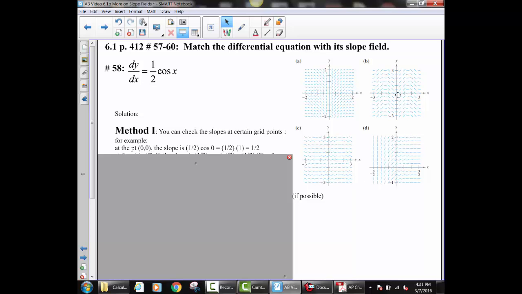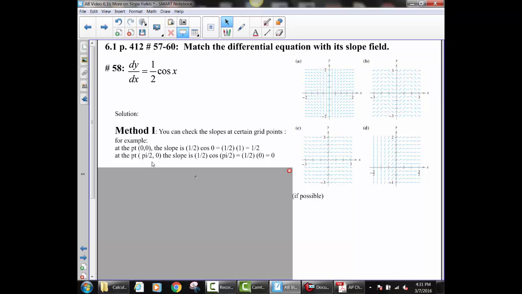Well, the cosine of 0 is 1, so at 0, 0, you should have a slope of a half. So that would eliminate option B because the slope at 0, 0 is 0. These are all horizontal lines. It would also eliminate A because the slopes are undefined, because they're vertical little tangent slopes. So the only options then would be C or D, which at 0, 0 look pretty well the same. Then if you have two graphs that have the same, pick another point.